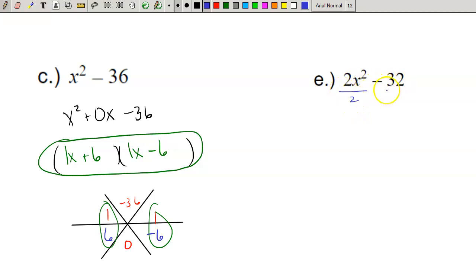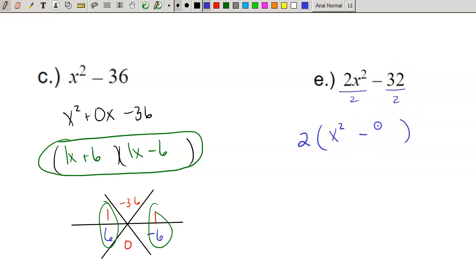I could basically divide each one of these by 2, and I could factor out a 2 before I even began this problem. So the way I would do that is if I divided 2x squared by 2, that would just give me an x squared, or a 1x squared. If I took 32 divided by 2, I would get a 16.